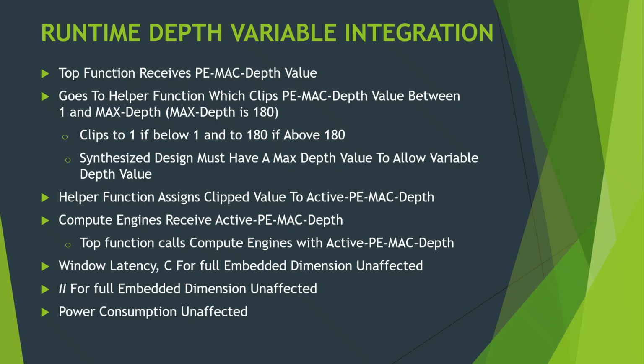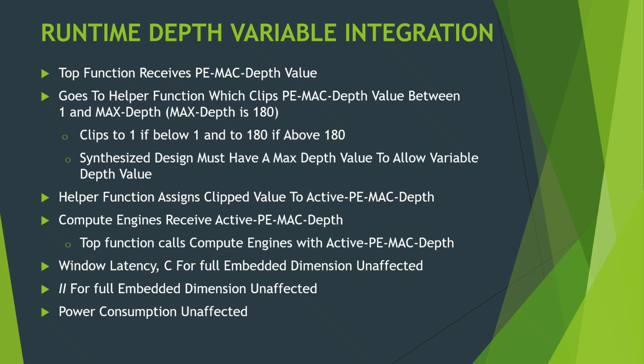After it has gone through the helper function and the system knows the value for active PEMAC depth, the compute engine call can now run with active PEMAC depth. So what is the effect on window latency?